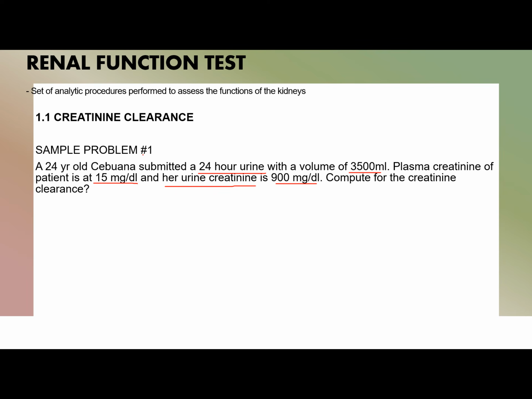So whenever you encounter a problem, may equation, syempre aalamin mo muna yung mga given mo. So let's take a look at the given. Ang given mo dito, class, you have your P, your plasma creatinine is 15 milligram per DL. Your urine creatinine is 900 milligram per DL.